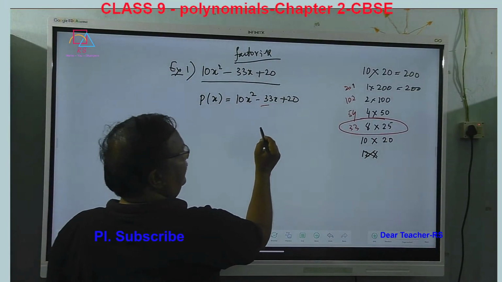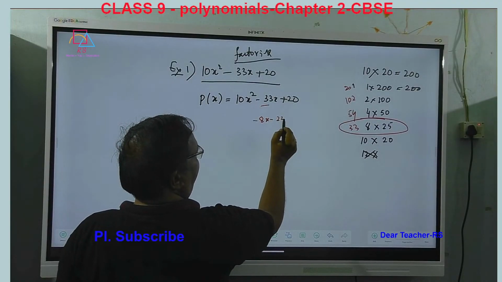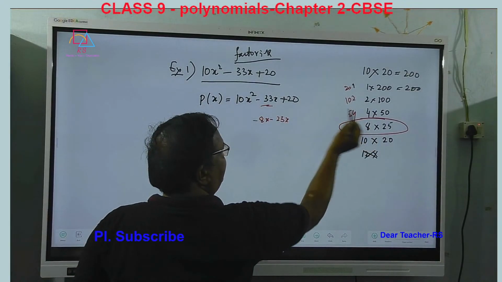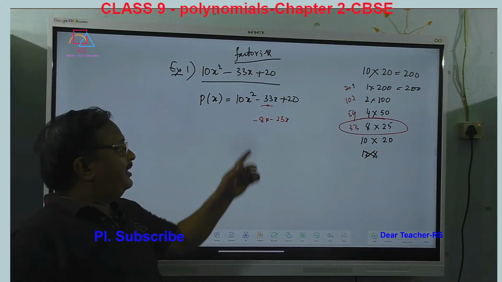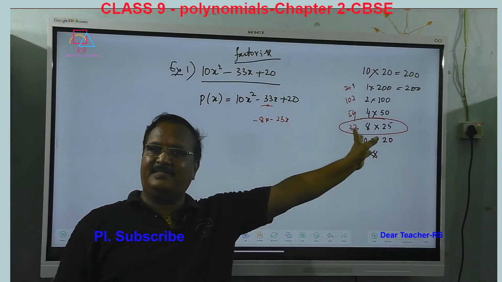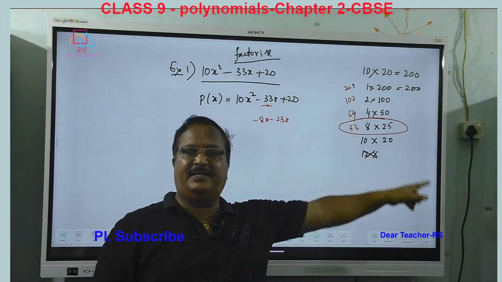So then you can split like this: minus 8x minus 25x. You can split the middle term using these factors, because minus 8 into minus 25 is also equal to 200.